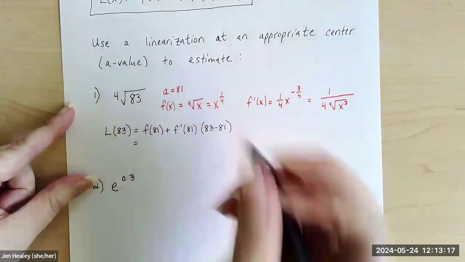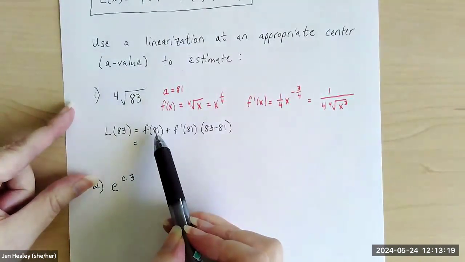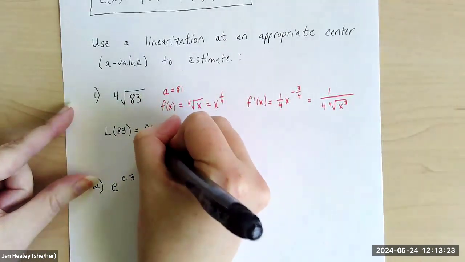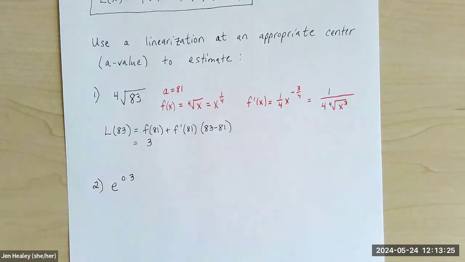So f of 81, that's us taking the fourth root of 81, which should just be 3. We did that on purpose because that was the one that we could calculate nicely.